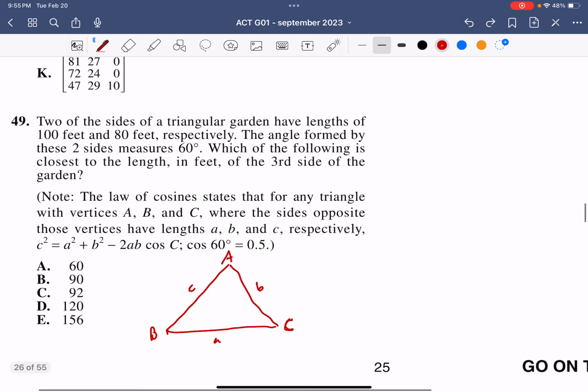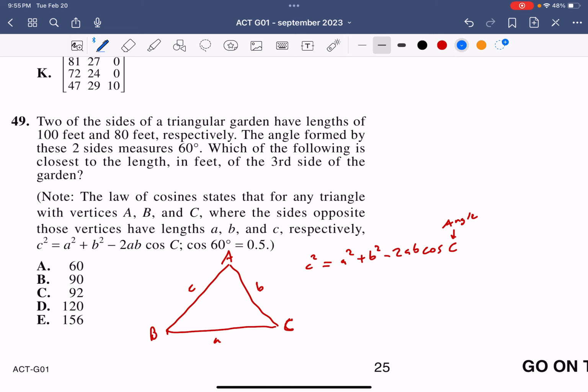So c squared is equal to a squared plus b squared minus 2ab cosine of capital C, because that is an angle. Now, how do we remember this with the figure I just drew?